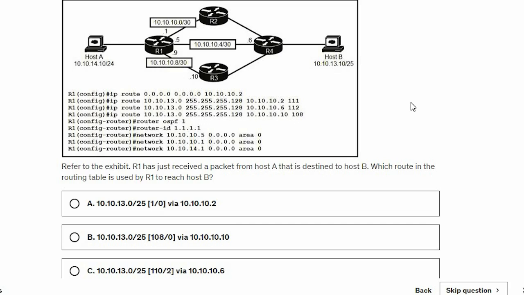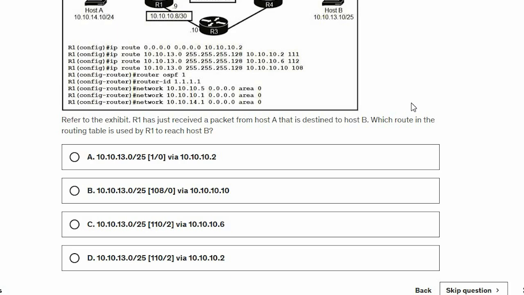C. 10.10.13.0/25 [110/2] via 10.10.10.6. Answer D. 10.10.13.0/25 [110/2] via 10.10.10.2.